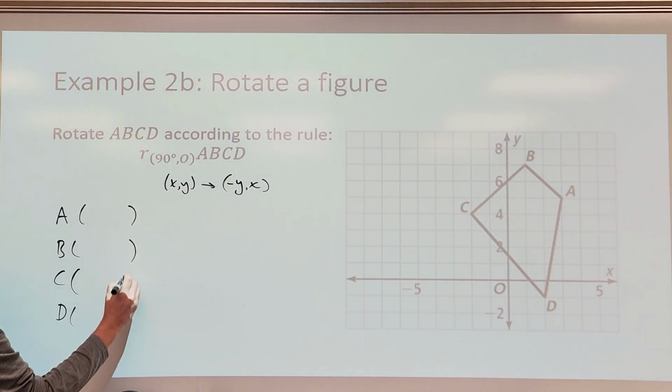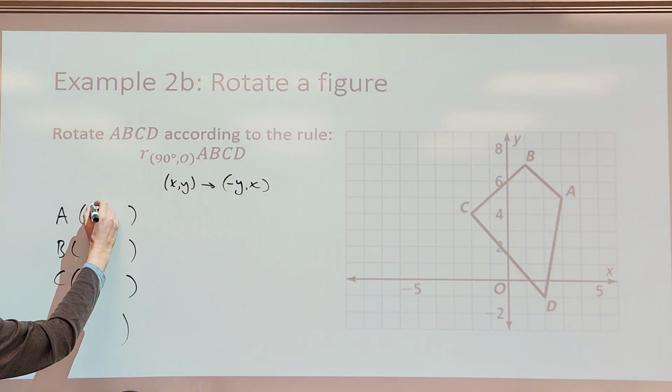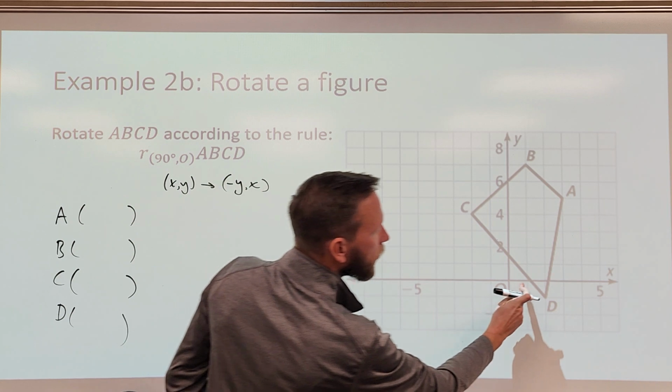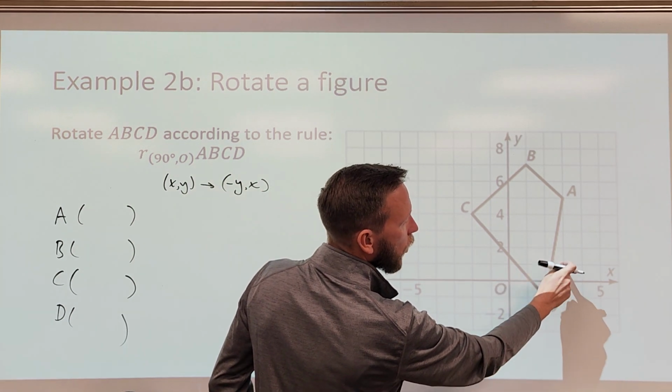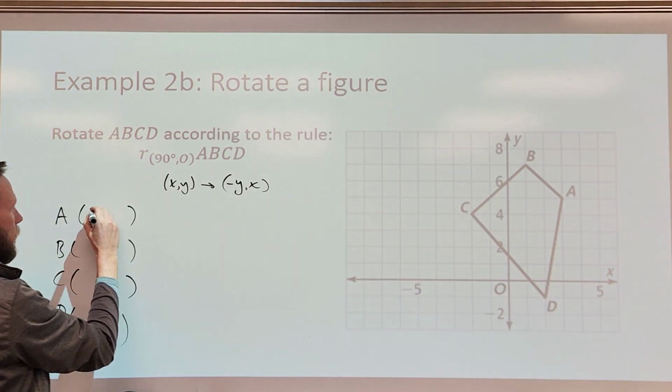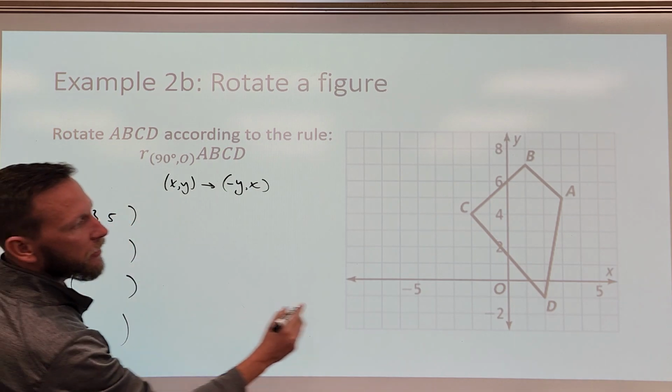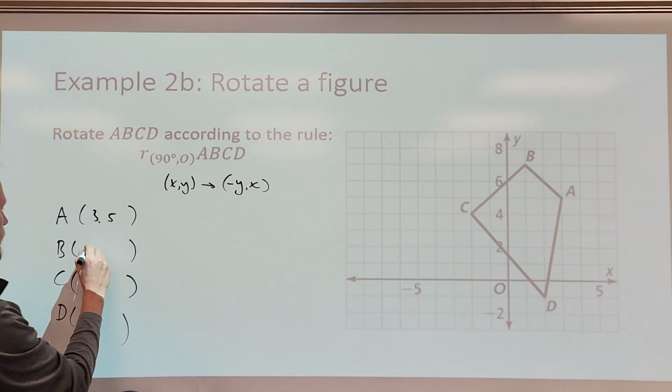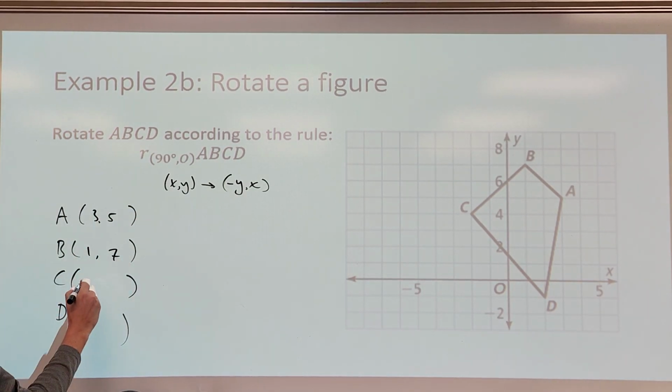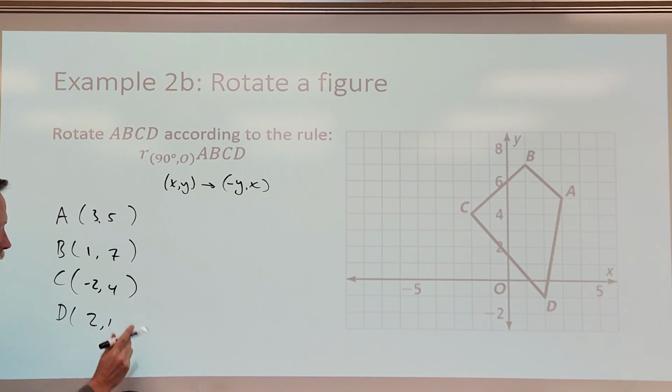to their new format. So originally A here is the point 3, 5. B is at the point 1, 7. C is the point -2, 4. And D is the point 2, 1.